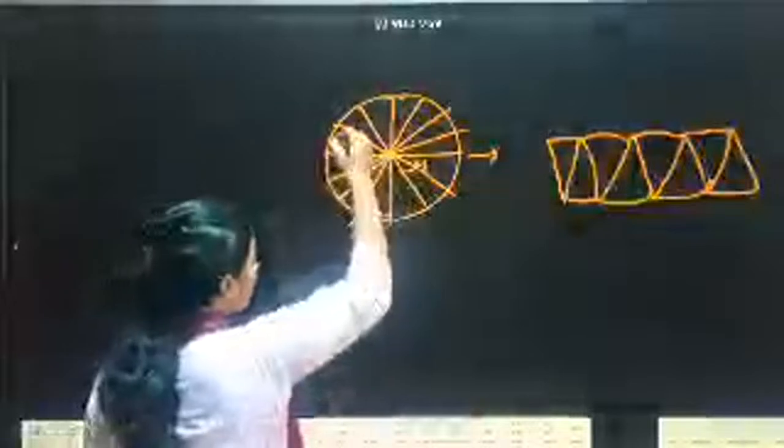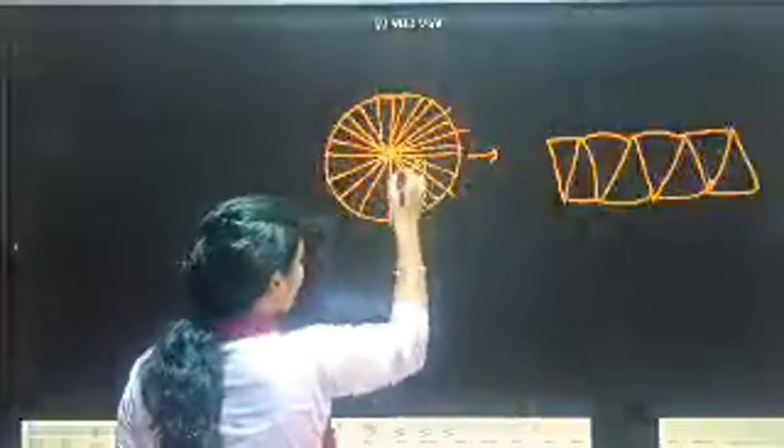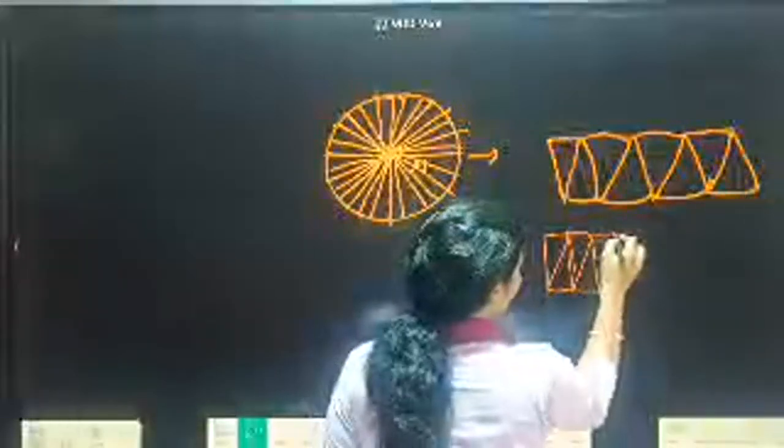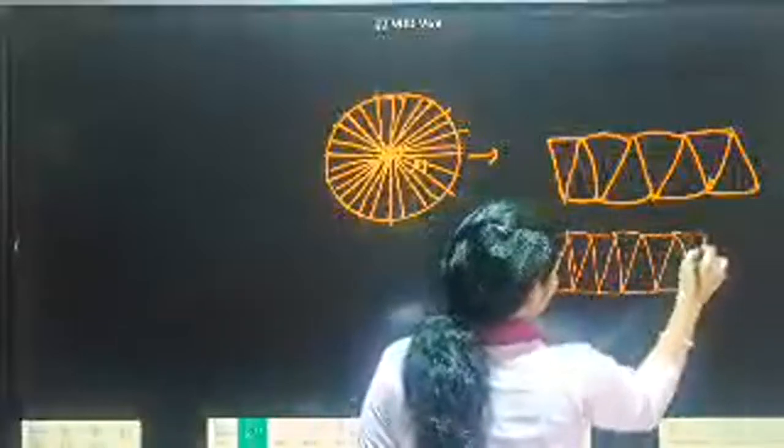Okay, now further, if you divide your circle into more fine sectors in this way, and arrange, what figure will you get? You will get it in this way. You have to arrange some sectors upward and some downward.